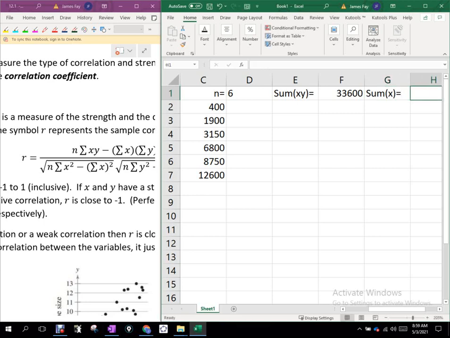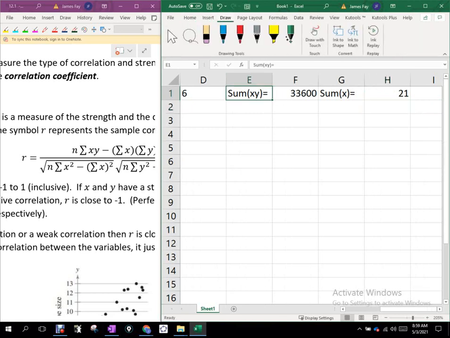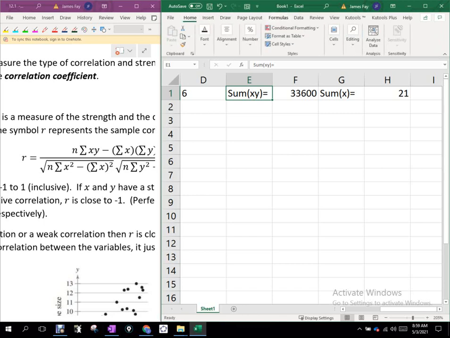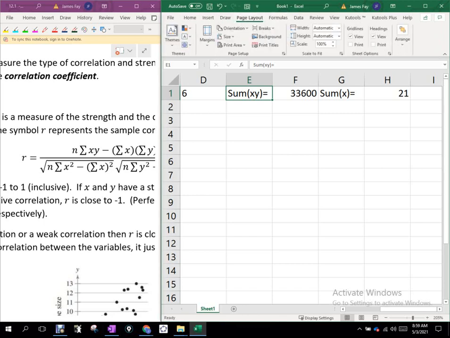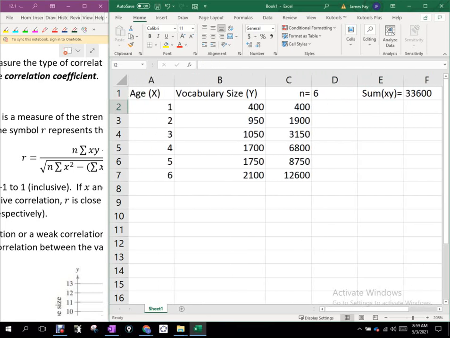Remember, x's were in column A, so I'm going to hit equals sum of A to A. You can format those if you like.